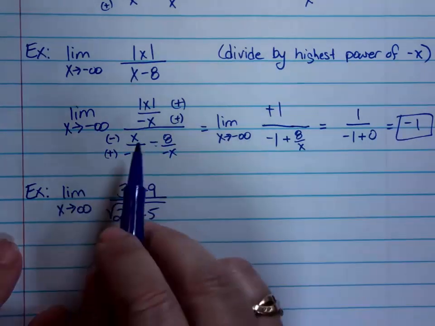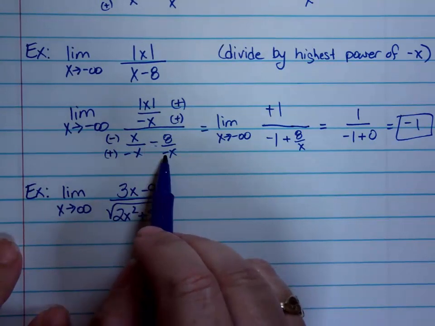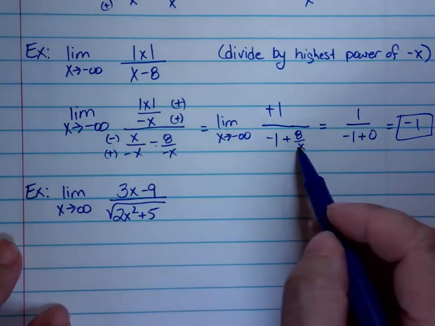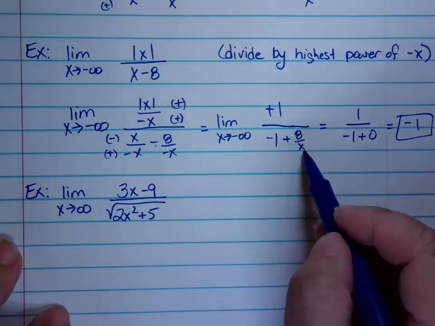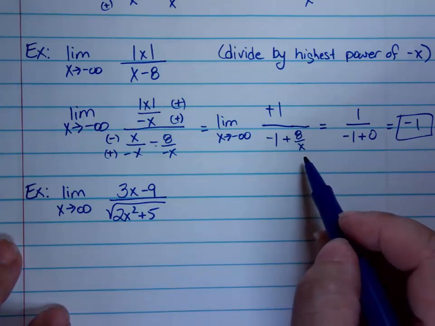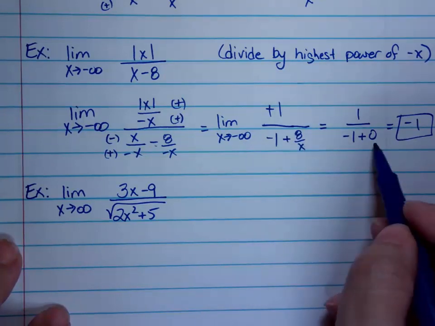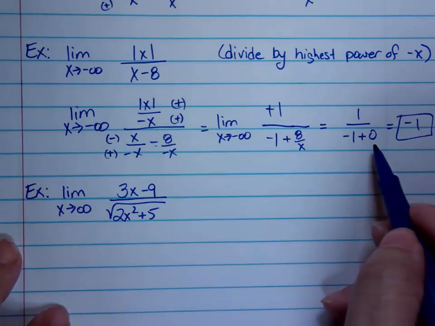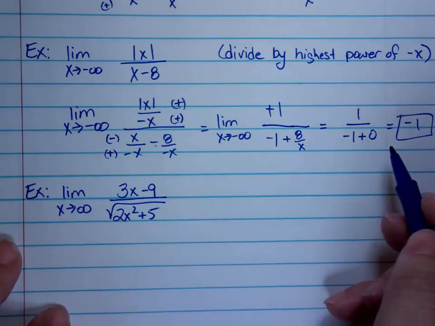I had this negative here over this negative here. And doesn't the double negative x become positive? Yes, but you've got to realize it's 8 over a negative a billion, which is really close to 0. And since 0 doesn't have a sign, it doesn't matter whether it's a negative or a positive. Okay? That's a good question.